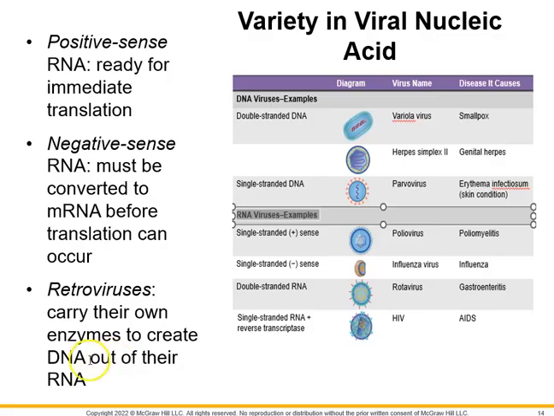So we transcribe a gene from the DNA and produce RNA. In this case, we're going backwards. We're going from the RNA to making a DNA strand, and that's why it's called a retrovirus, because it's kind of going in reverse. And we'll talk about some of these retroviruses later on.